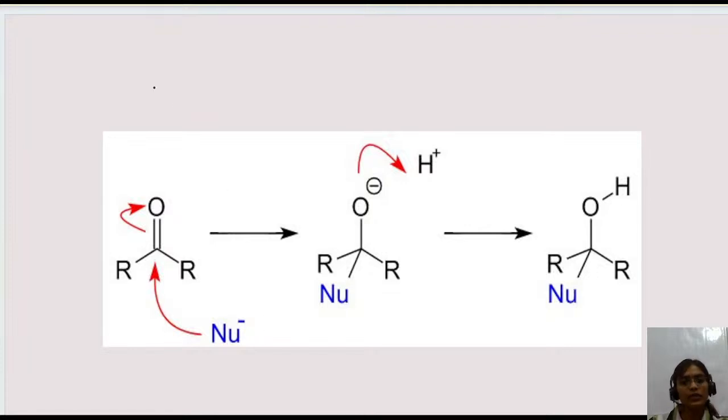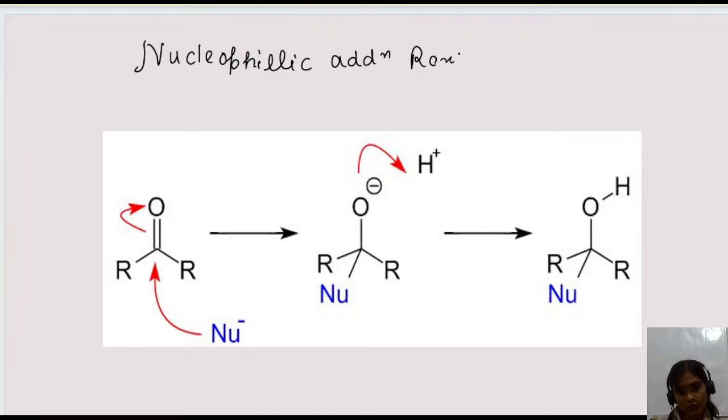It's a kind of mechanism, the nucleophilic addition reaction. Observe: the nucleophile attacks here, this bond opens up, and O negative is generated. Then this O extracts a hydrogen, and an OH group is generated.